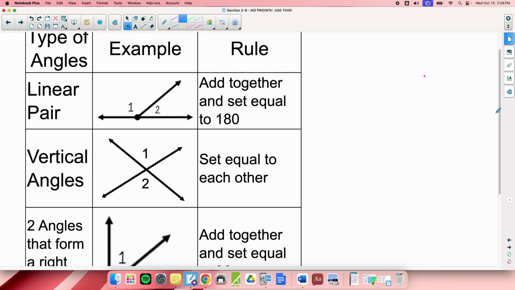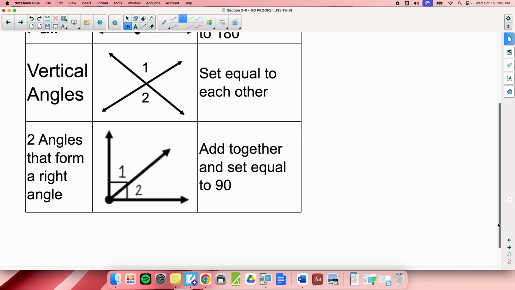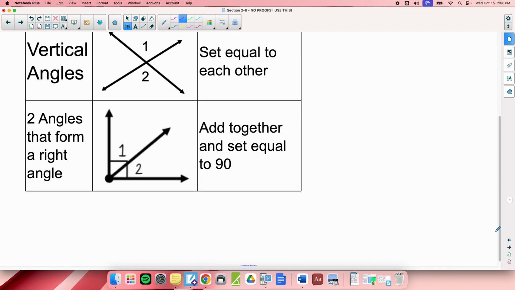I kind of had it written on the board before, but this is a little bit clearer. If you have two intersecting lines with angles across from one another, you set them equal to each other. And if you ever have two angles that together form a right angle, you add them together and set equal to 90. Those are the rules for what we're doing today.